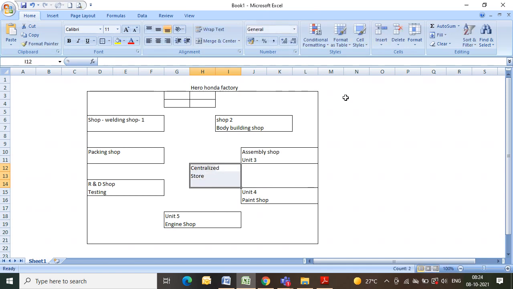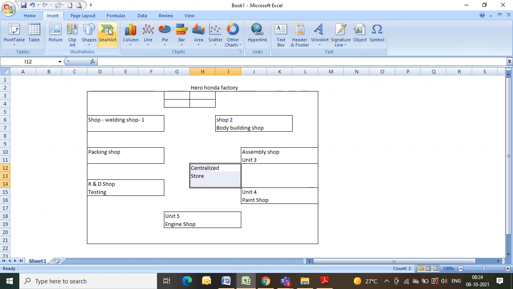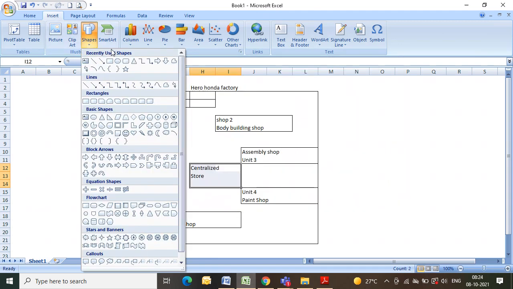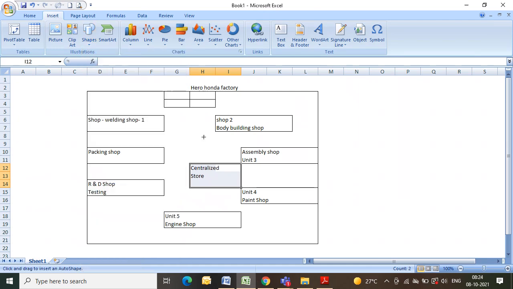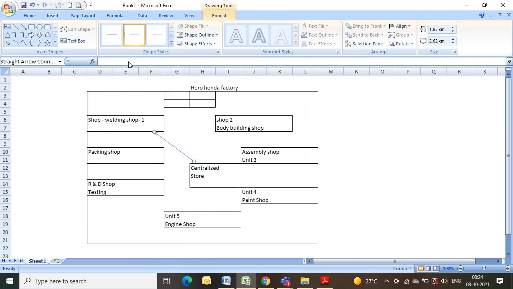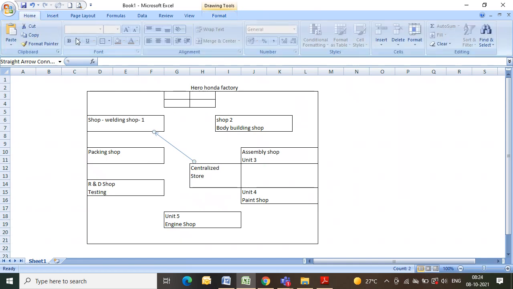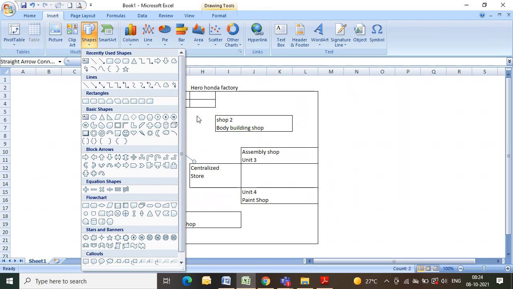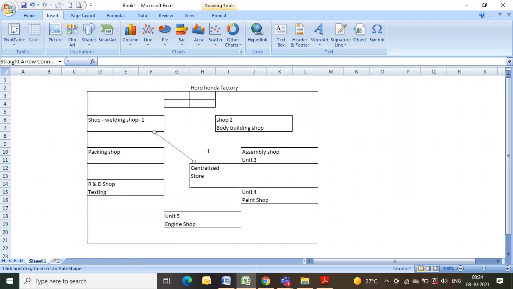What happens is whenever anybody needs any material, for example, the welding shop needs a material, they will ask the store. For example, the bodybuilding shop needs material, they will ask the store.